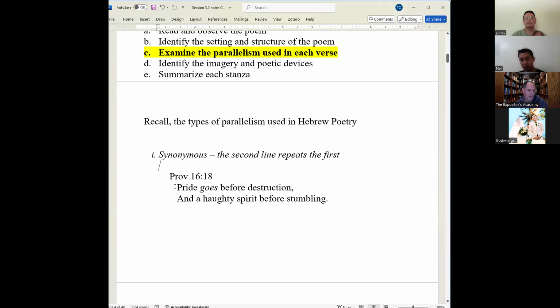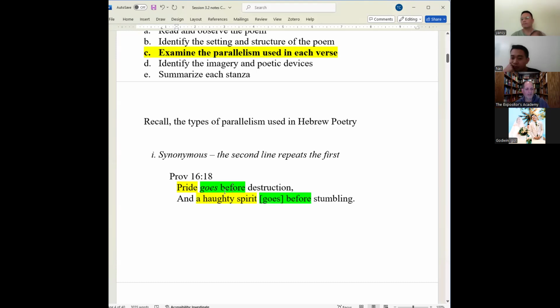So here's an example. Pride goes before destruction, a haughty spirit before stumbling. So we have pride in the first line, a haughty spirit in the second line. Goes before in the first line. And notice here that goes is not written in the verse.